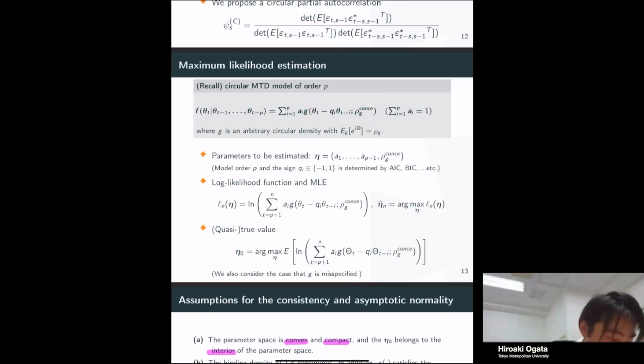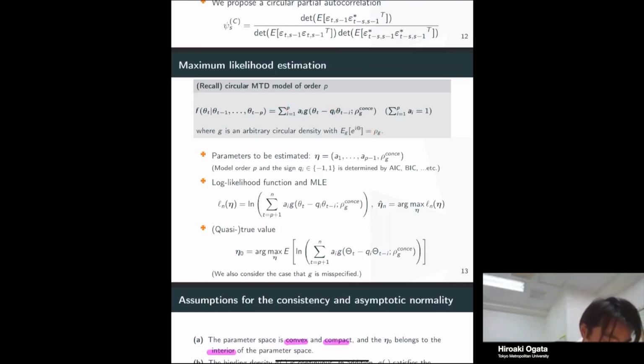But if we fit the von Mises distribution, the concentration parameter and the resultant length are different.